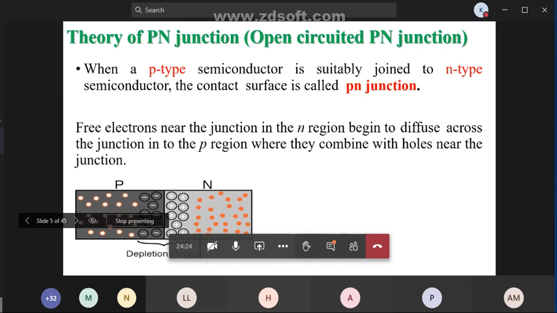This electric field opposes the further recombination of holes and electrons. This region is called the depletion region, right? So it is the open circuited p-n junction.